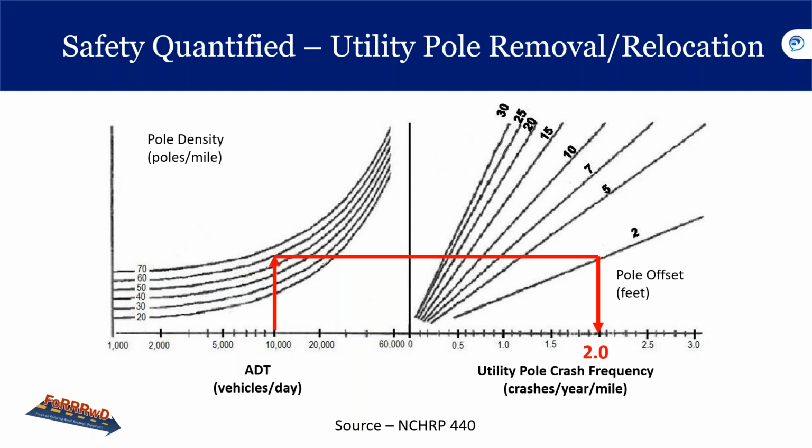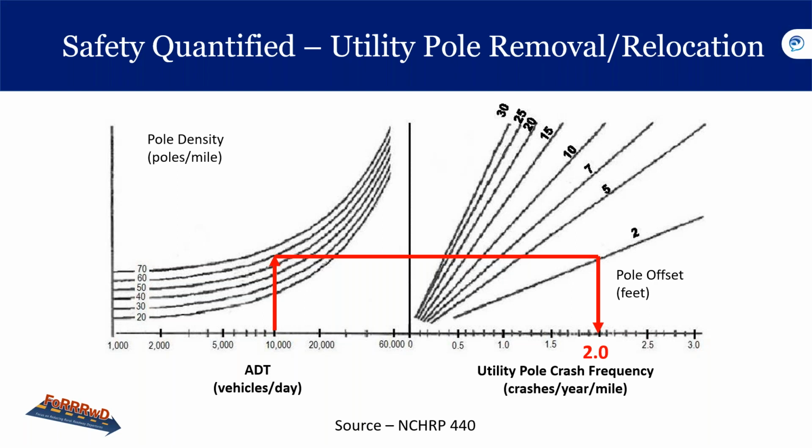Now, if your strategy is to do joint pole usage, then the number of poles can be reduced to 20 poles per mile, but maintain the same offset. If we did that, then we could drop the expected crashes per year per mile down to 1.2. So you can play around with the variables.